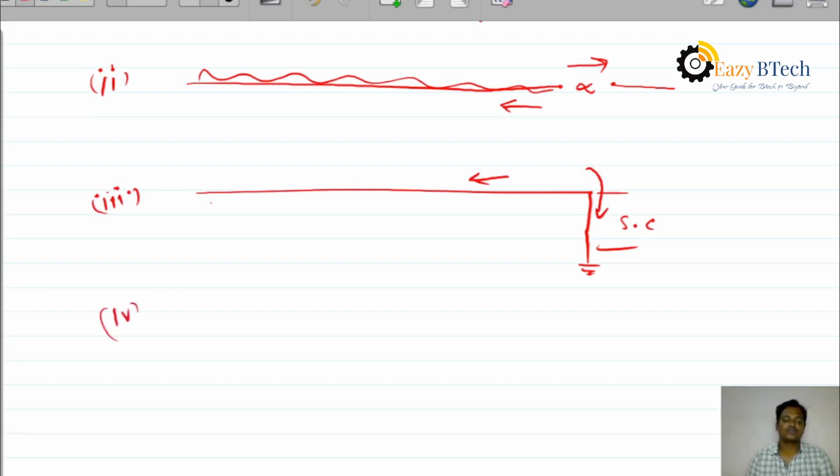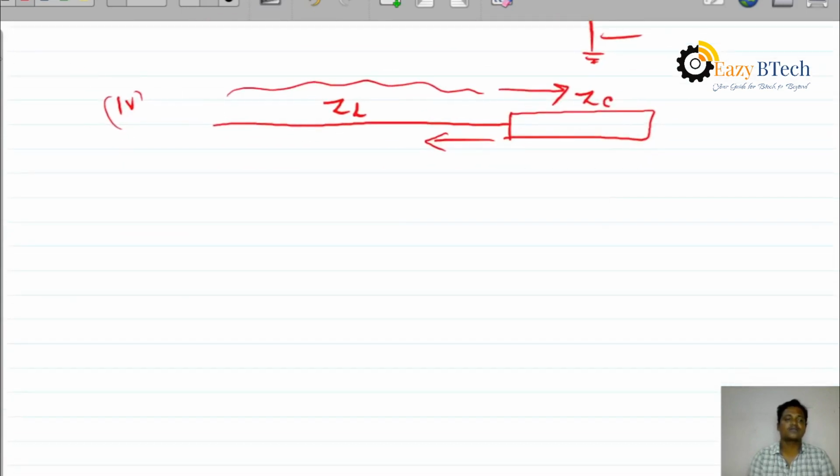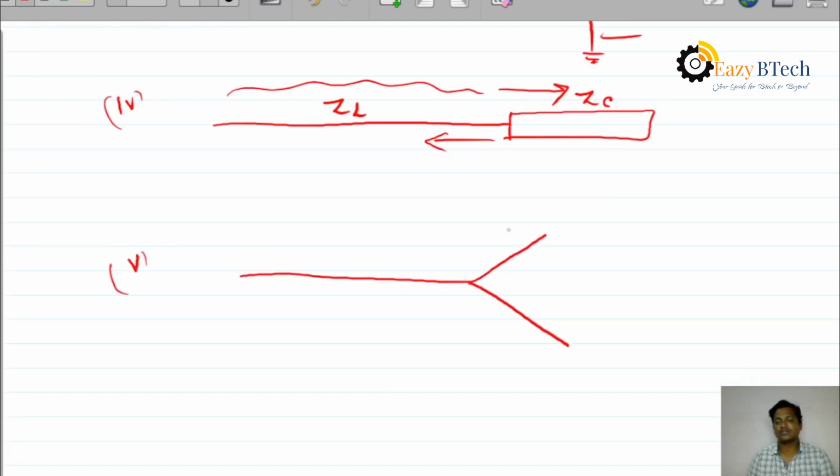In case 4, if you connect the overhead transmission line to an underground cable, I'm representing the surge impedance of the underground cable as ZC and the line surge impedance as ZL. How much of the surge flows through the cable, and how much is reflected back? Next, take a T junction, having impedances Z1, Z2, and Z3.